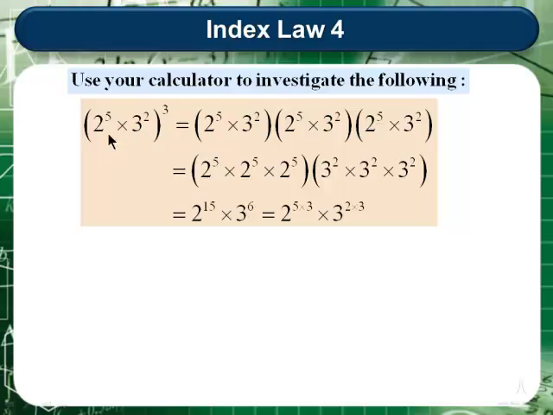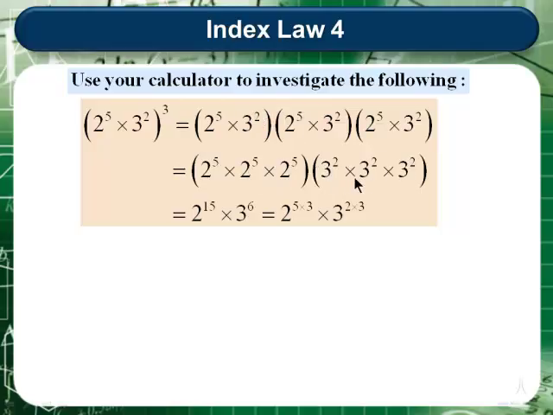So what we have in the bracket here gets multiplied by itself 3 times. And then of course we can rearrange the factors and group the same bases together, so we get 2 to the power 5 multiplied by itself 3 times, and 3 to the power 2 multiplied by itself 3 times.